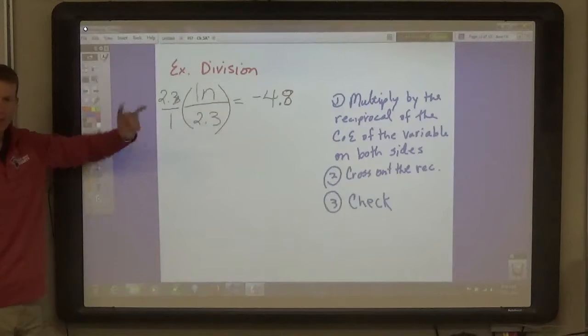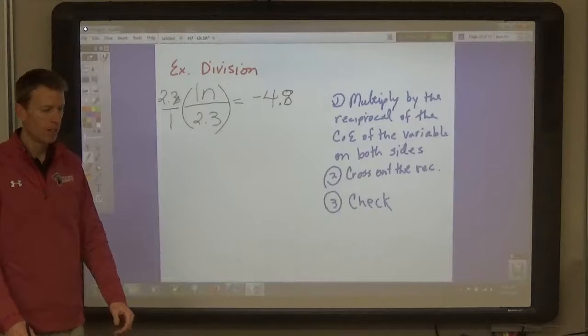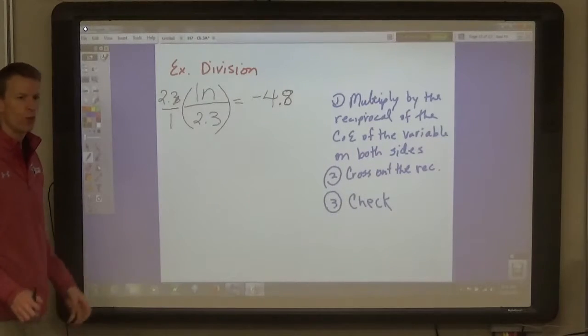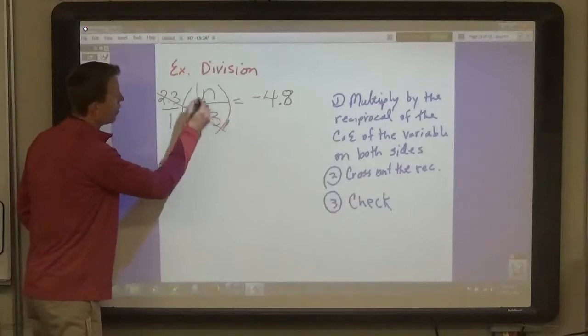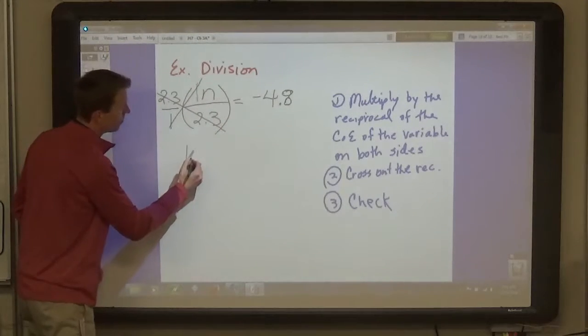They're the fraction flipped over. And that's what you're looking for. Two fractions that are reciprocals of each other equal 1.